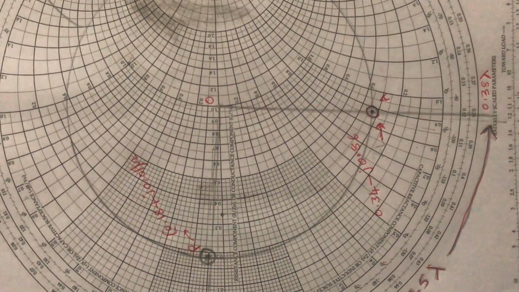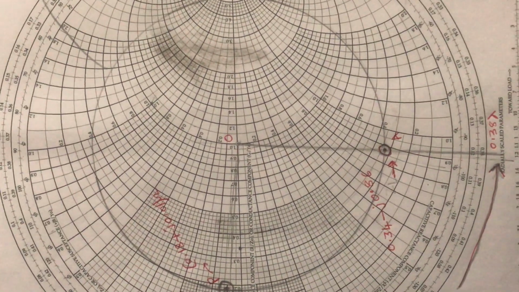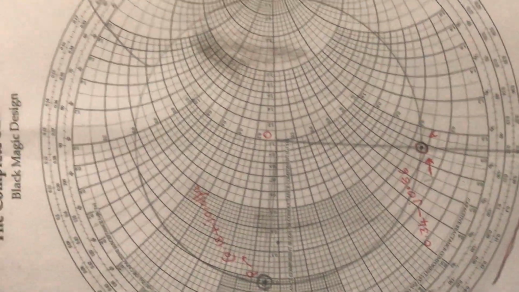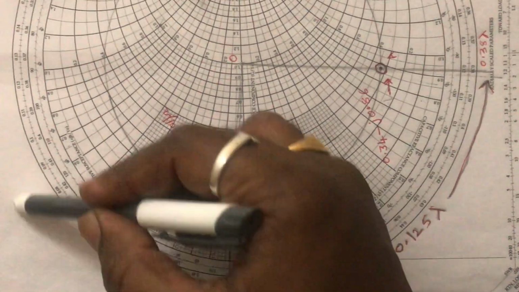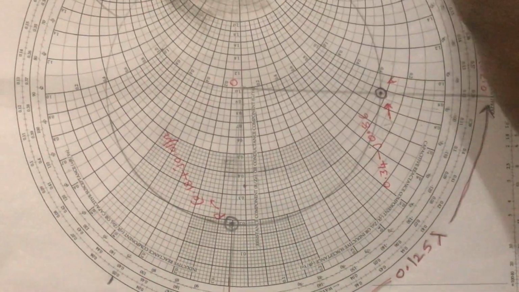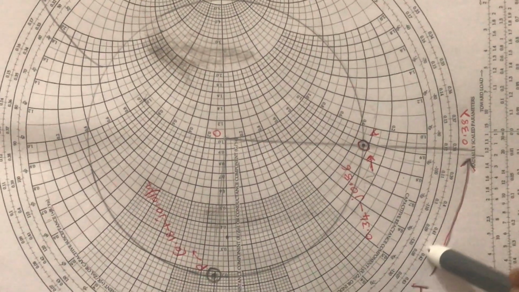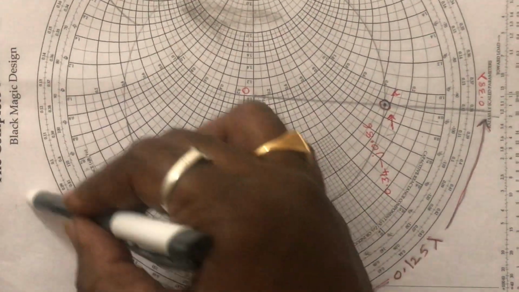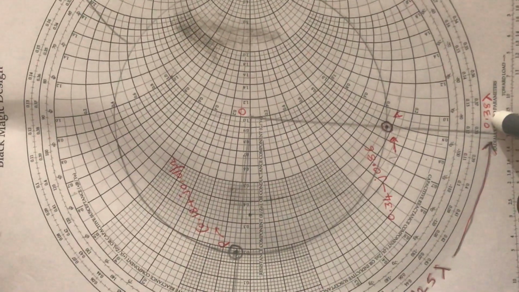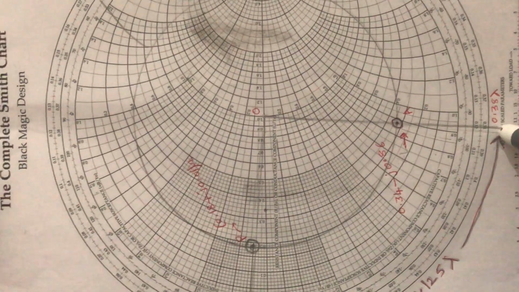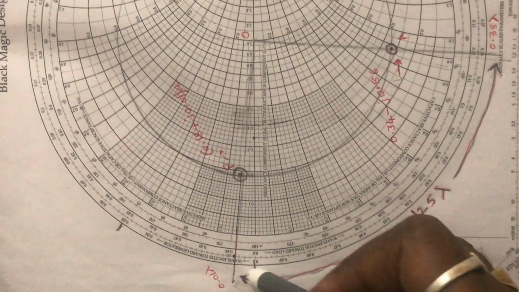From 0.38 lambda, how much distance do we have to move? 0.625 lambda. As I have already mentioned, one complete revolution on the Smith chart is 0.5 lambda. From here we start towards the generator like this. The complete revolution is 0.5 lambda, and further we have to move 0.125 lambda.